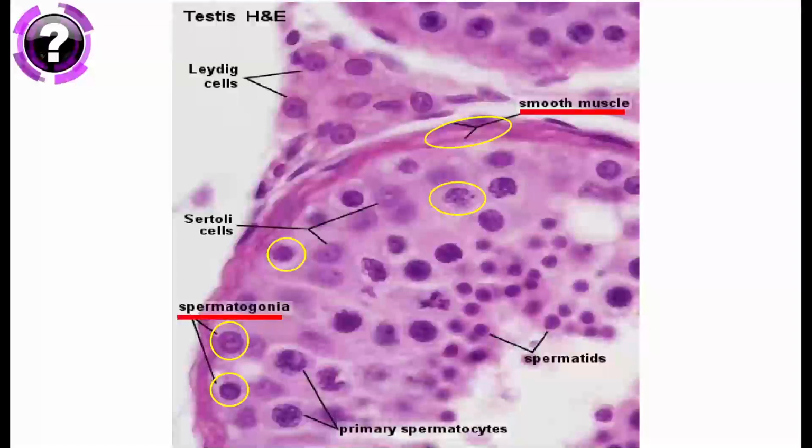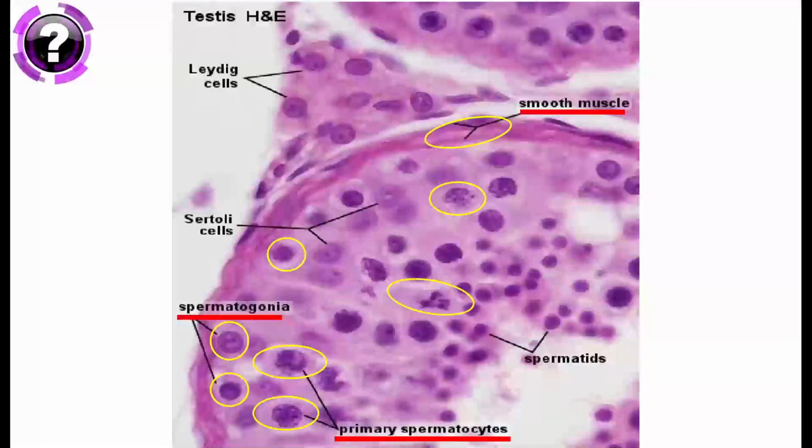So most of the time they are caught in a stage of mitosis, and they are next to the spermatogonium. Here is another primary spermatocyte, and here is a neighboring one, and these are primary spermatocytes for the following reasons. They are next to the spermatogonia, and they are mostly in a stage of mitosis.